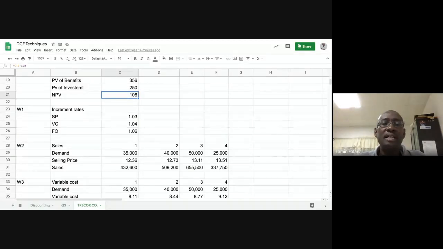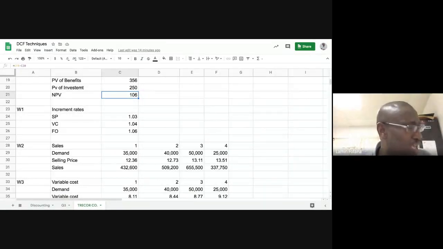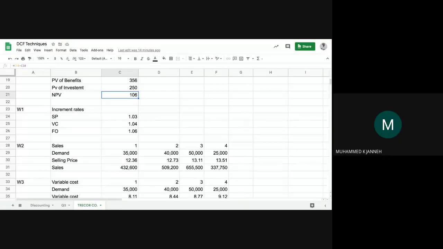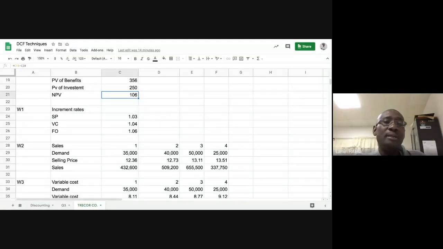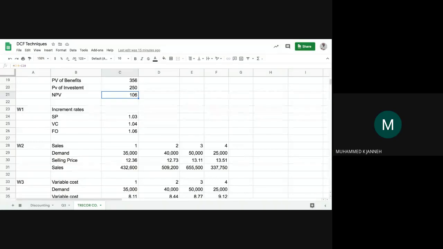Then you'll go further and say, based on financial reasons, this is a positive NPV, and as such, the project should be executed. That should suffice after calculating. The project should be executed. Why are we doing all this? We are doing this because we want to advise management on whether to go ahead with the project or not. Okay. All right.